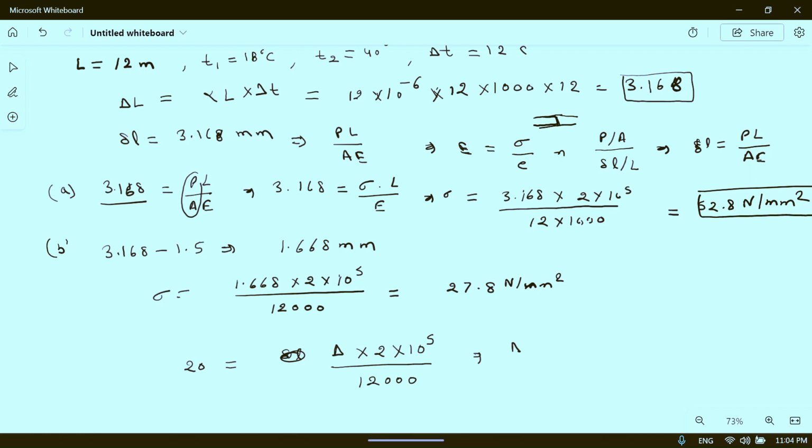So from here we will get delta is 1.2 mm.